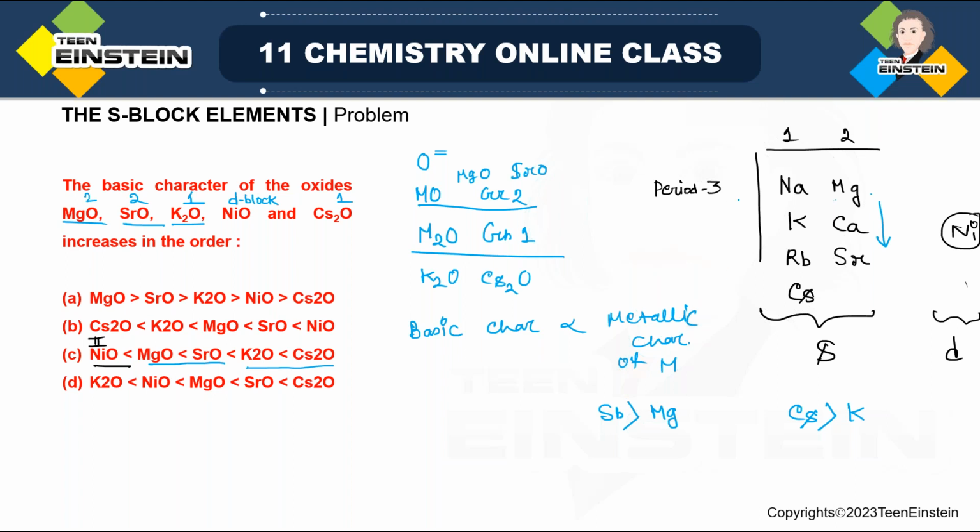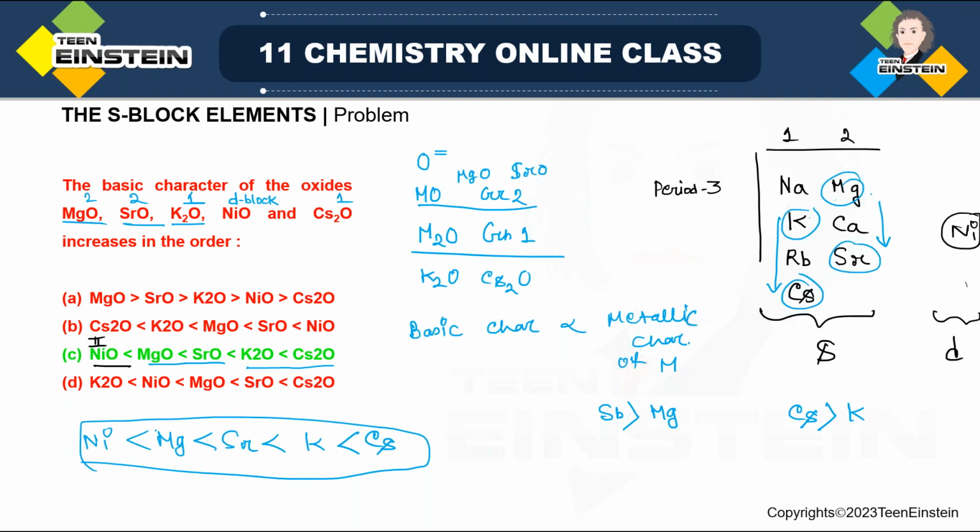Now it is true that when you are moving down, we have just compared these two, and we have compared these two. So this is enough to understand which option is correct. So it should be option C. So here I am just writing maximum metallic character Cs, then K, then Sr, then Mg, and at last we have this D block element, which is nickel.